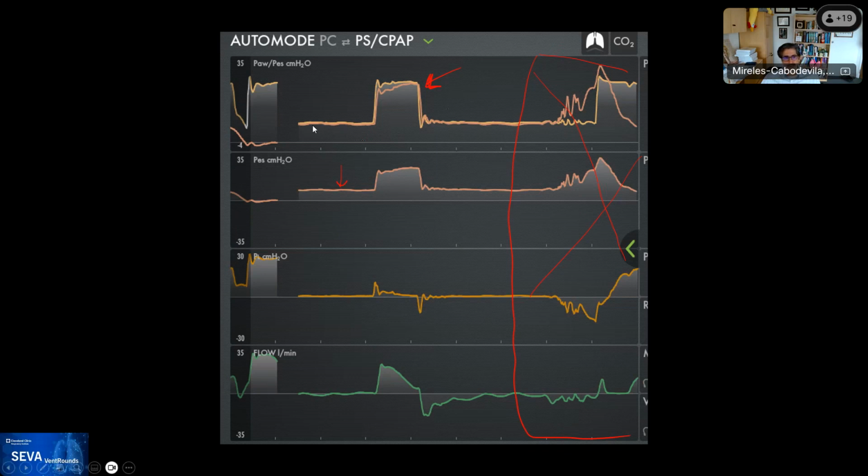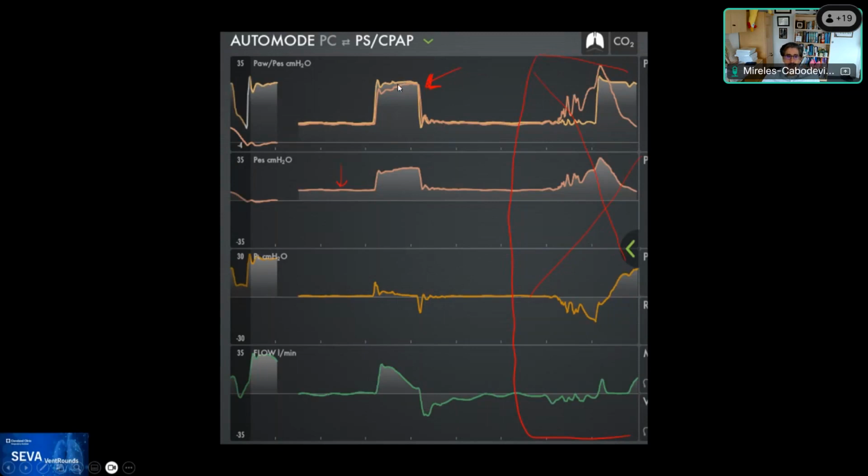Observe the pressures are the same. The pressure rises, and it comes down. Good, Samin. Keep it in. Transpulmonary pressure is essentially flat here. You can see the flow does change. So there's a flow change and the patient does exhale.